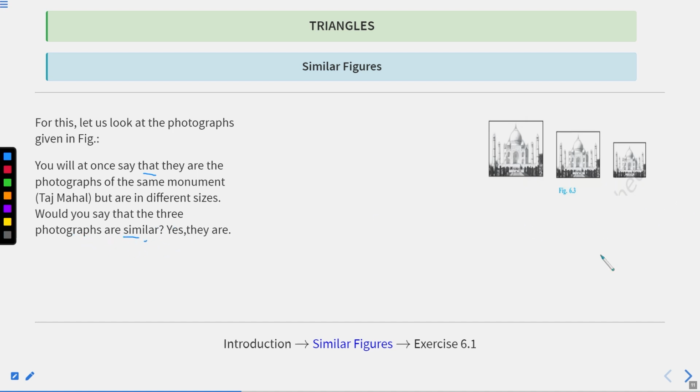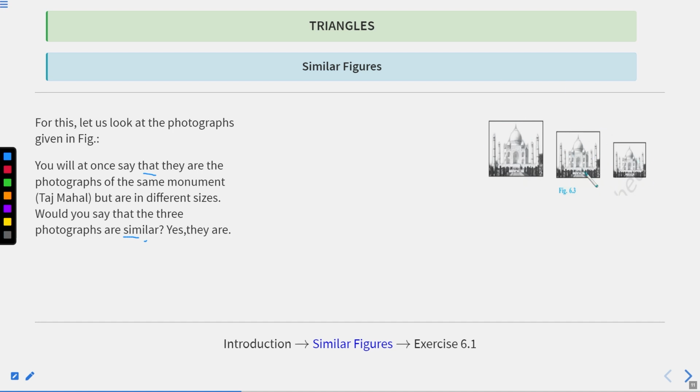Our answer is yes, these figures are similar.